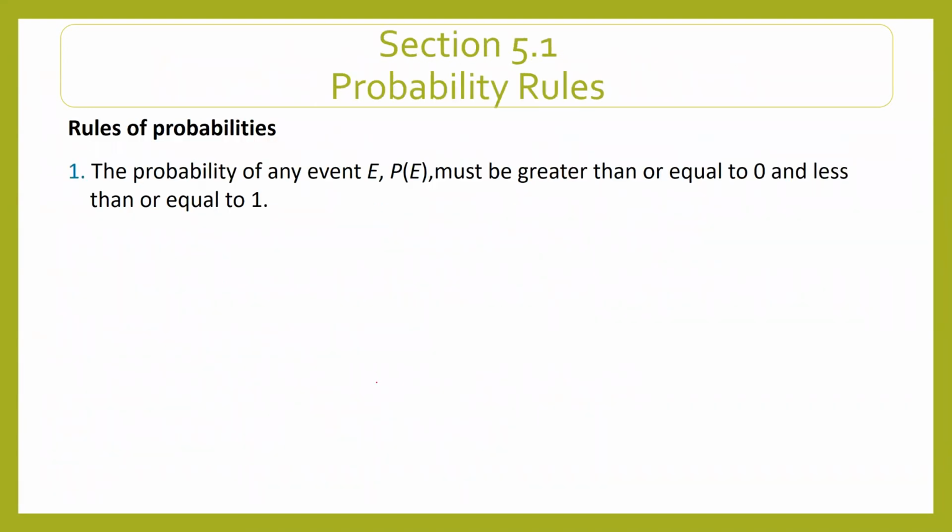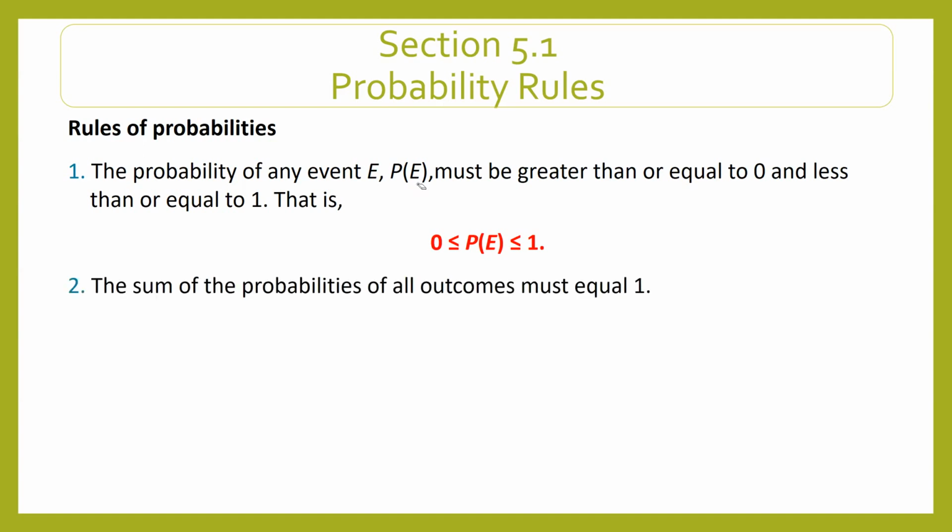All right, so let's go into the rules of probabilities. The probability of any event E, which we denote as P of E, must be greater than or equal to 0 and less than or equal to 1. In other words, 0 is less than or equal to P of E and less than or equal to 1. It could be 0, it could be 1, or any number in between. Anything outside this range is no longer a probability.